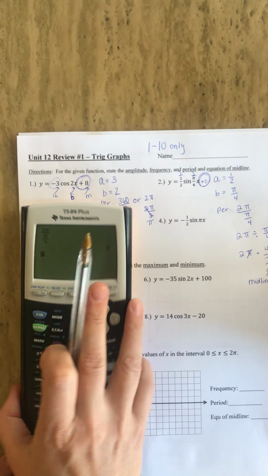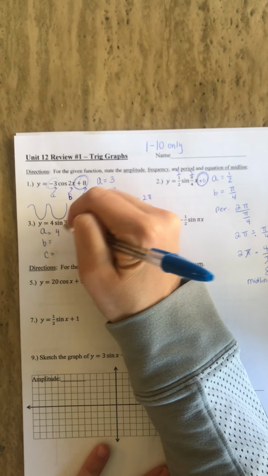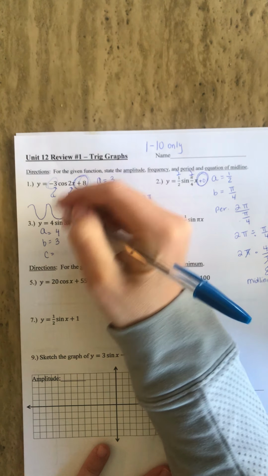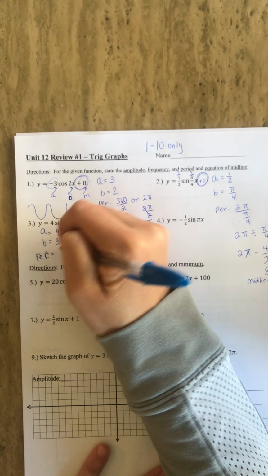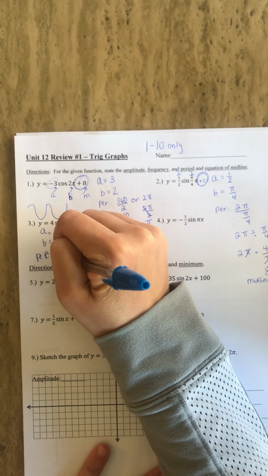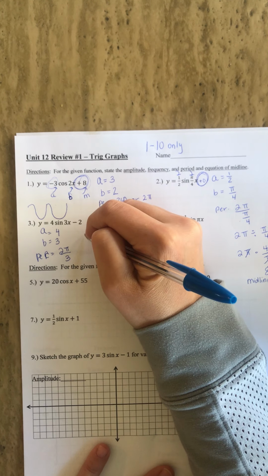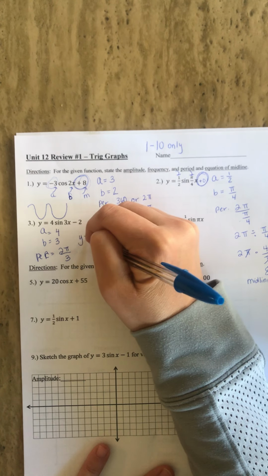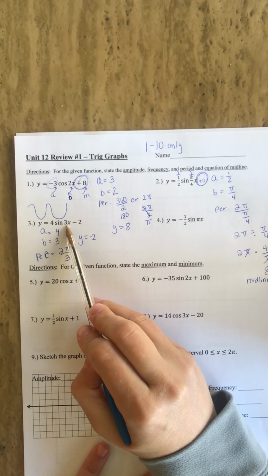So you can do that too. Okay, so the amplitude is 4, the frequency is 3, and the period is 2 pi divided by 3, and you can leave it like that. And your equation of the midline is y is equal to -2. And again, that is in degree.